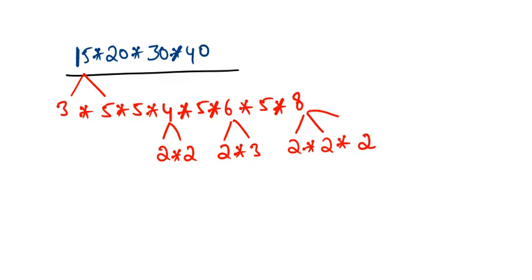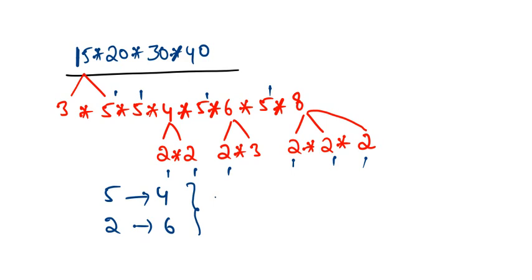Now we need to check how many 2's and how many 5's there are. 5's will be 1, 1, 1, 1. Total 5's will be equal to 4. How many 2's are there? 1, 2, 3, 4, 5, 6. Total 2's will be equal to 6.